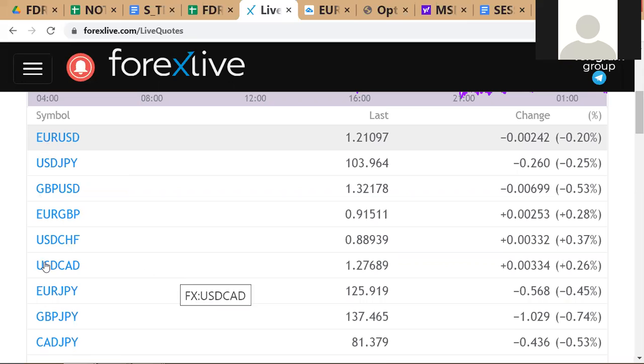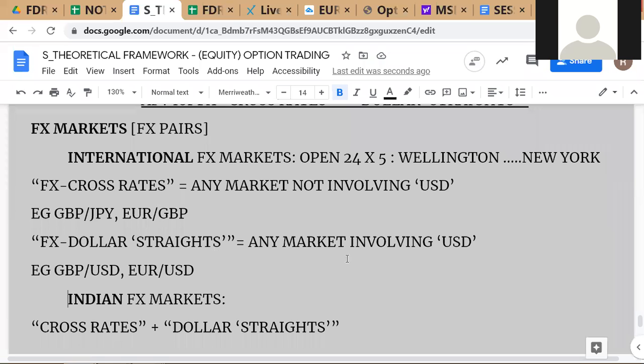This is where most of the activity is. They're straight in the sense that the majority is like this. Straight means the conventional or majority case, like straight versus gay, where the majority of people are probably straight. So dollar straight: any market involving the US dollar is the dollar straight, and these are cross rates, not involving the US dollar.